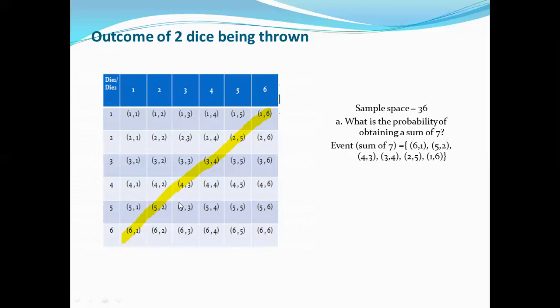These are the outcomes na pag inadd natin yung outcome niya, ang sum niya is 7. So 6 plus 1 is 7, 5 plus 2, 4 plus 3, 3 plus 4, 2 plus 5, 1 plus 6. Counting these outcomes in your event, you have 6 possible outcomes, over the total number of outcomes in your sample space, which is 36. Therefore, the probability of obtaining a sum of 7 is 6 over 36 or 1 over 6.